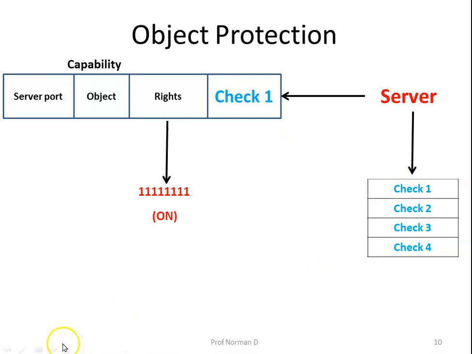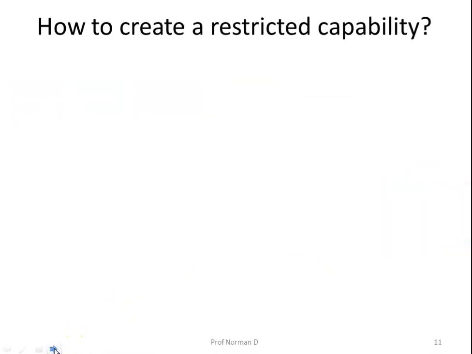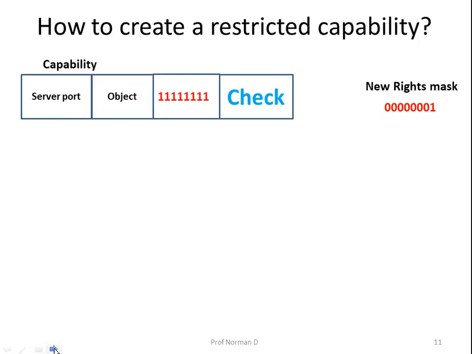Now, how is a restricted capability created? To create a restricted capability, a client can pass a capability back to the server along with a bit mask of the new rights. The server takes the original check field from its table, exclusive ORs it with the new rights, and then runs the result through a one-way function.